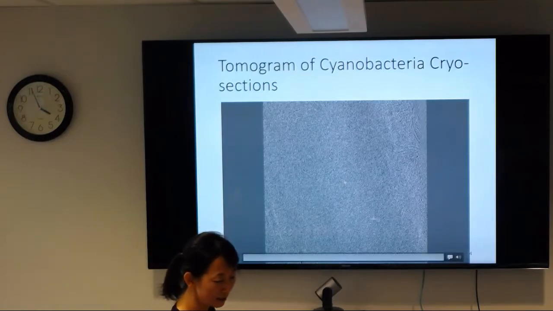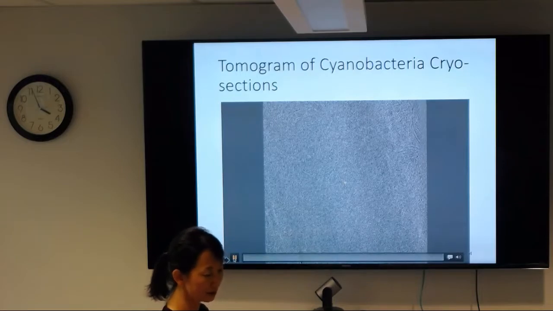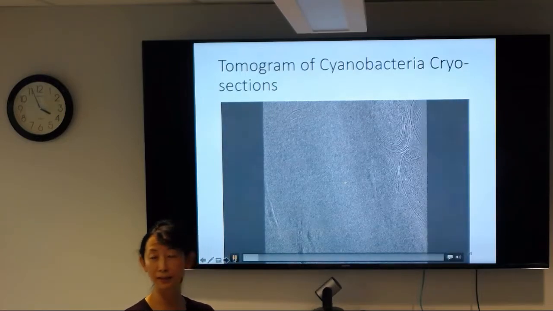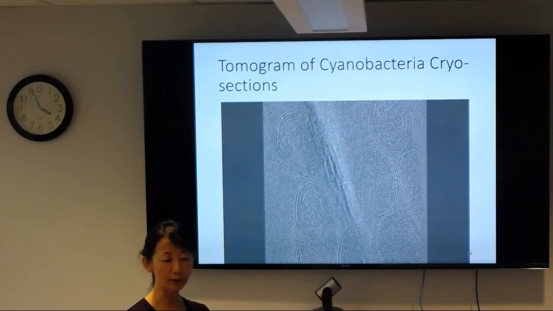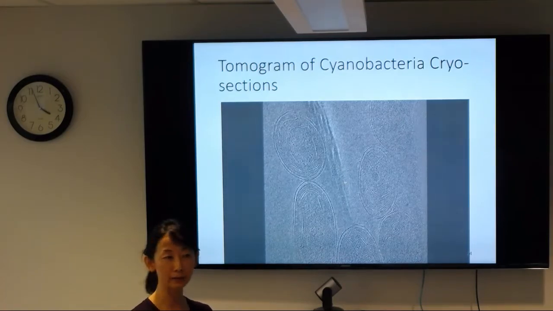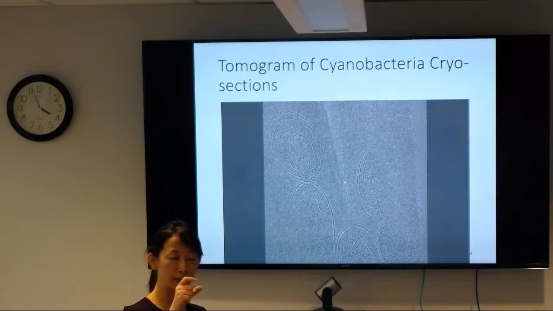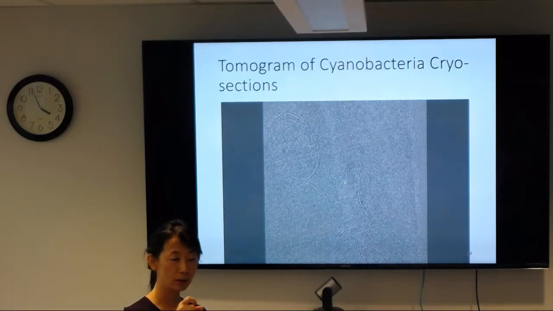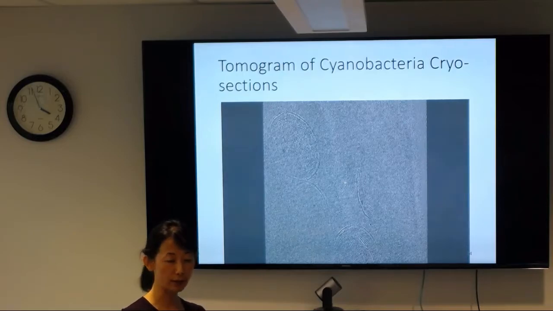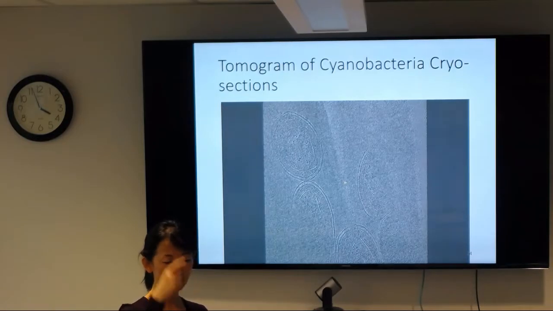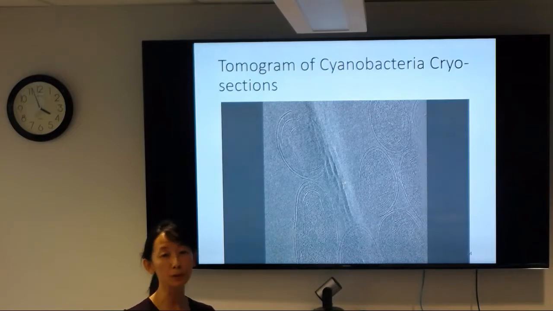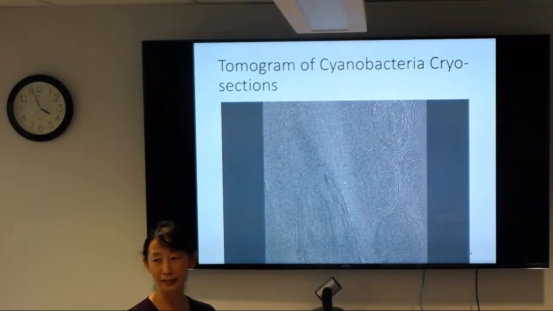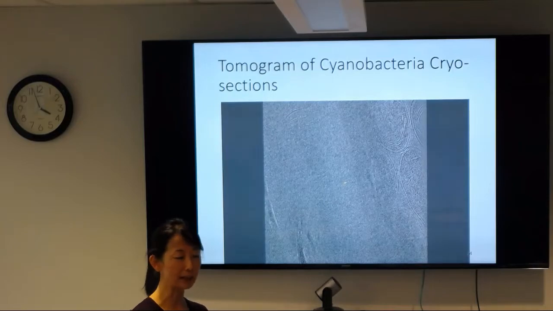So this is also for practice. This is one of the ribbon I did many years ago. So to make that ribbon took me a long time. This is actually cyanobacteria. We froze them in a very big piece of vitreous ice, and then we did the cross-sectioning as I showed you in the movie, and then I was able to stabilize it on a piece of EM grid and then make that tomogram.